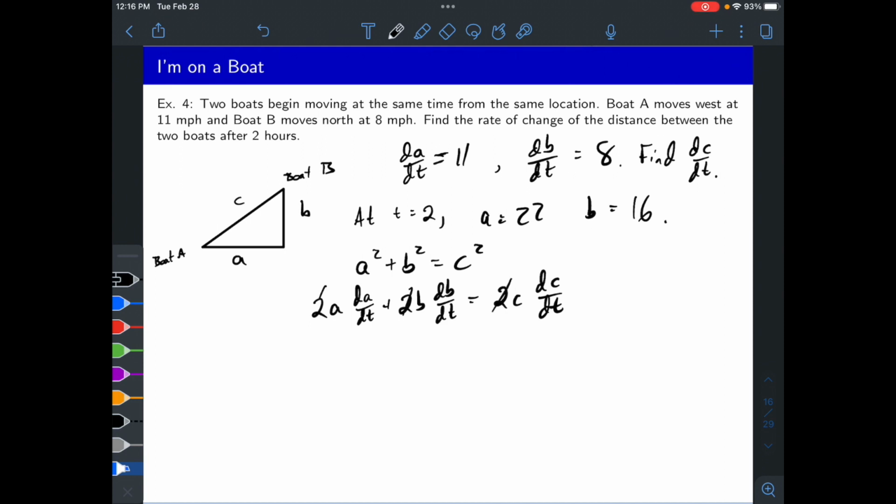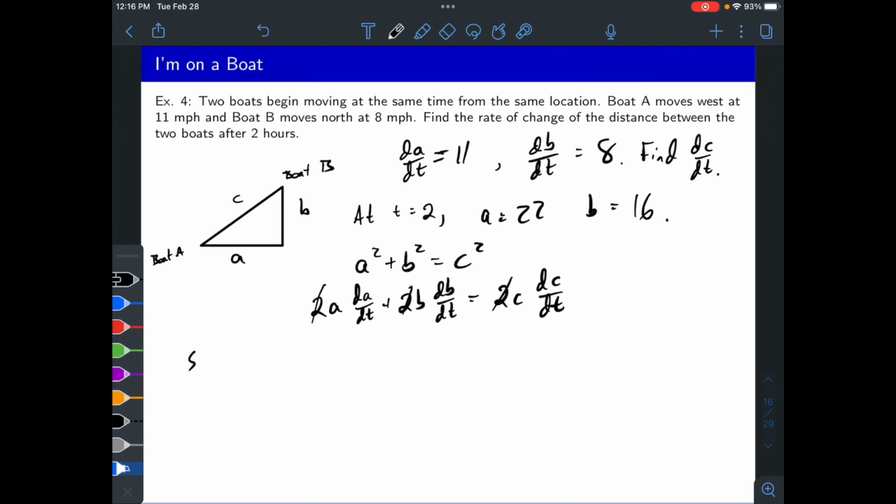We could go ahead and, because every term has a 2 in it, just divide through by a 2. And now we can solve for dC/dt just by dividing through by C. So we get A dA/dt plus B dB/dt, all divided by C. And now we just plug in all of our information.